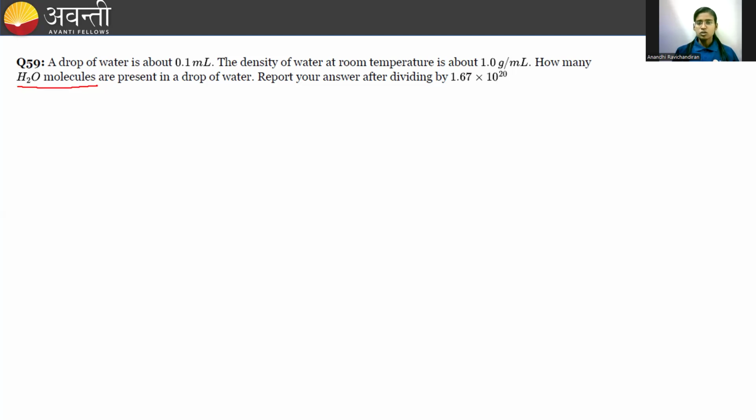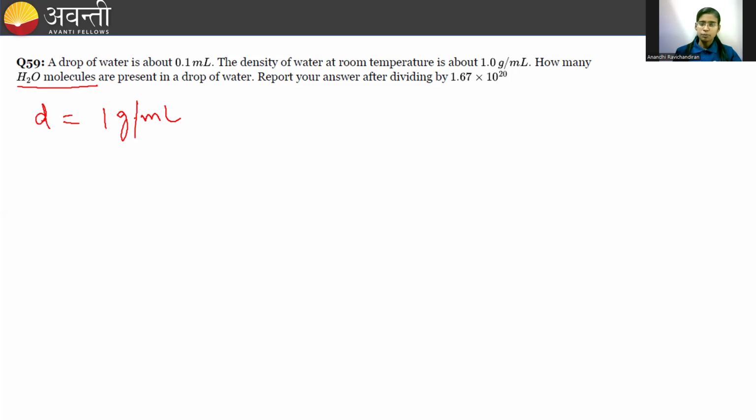Okay. So, let me see the given values first. What is given? Density of water is given. It is given as 1 gram per milliliter, right? And we need to find out the mass, right?